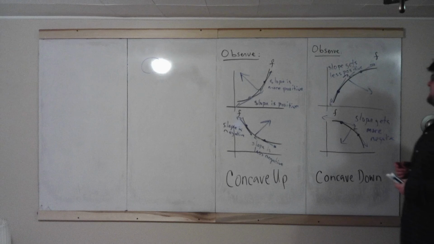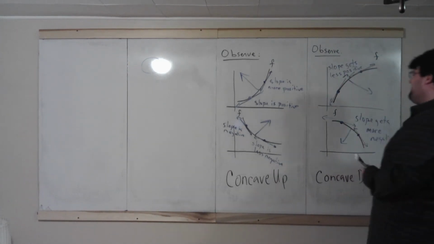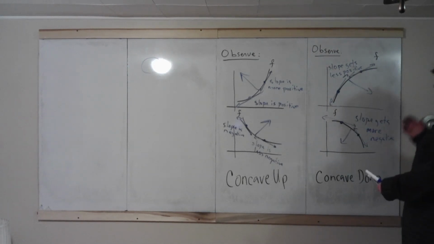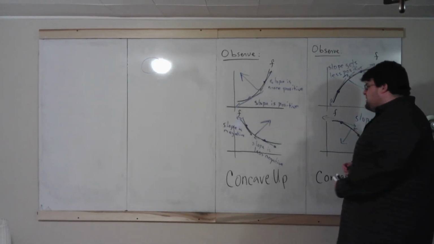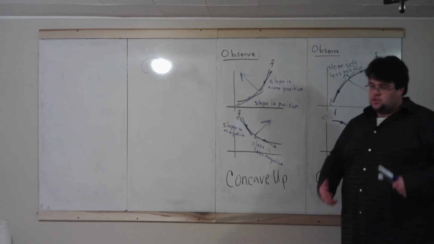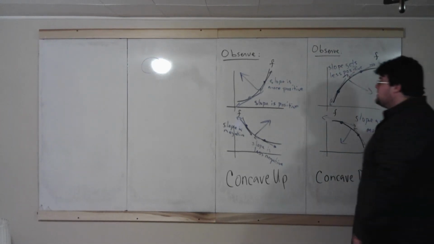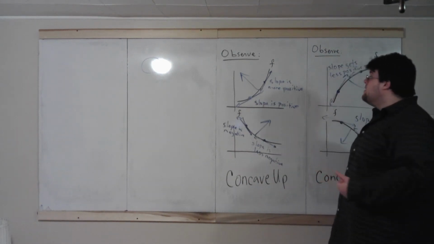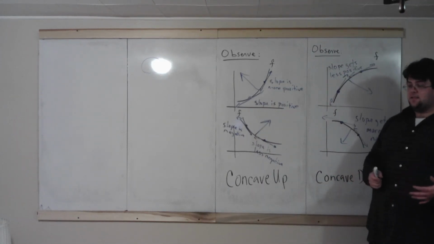Now, this is kind of a tedious argument to conclude a function is concave up or concave down, looking at the slope being positive, the slope getting more positive. In both of those cases, we could use the first derivative to reach these conclusions, because the slopes of the tangent lines are changing in a positive way.